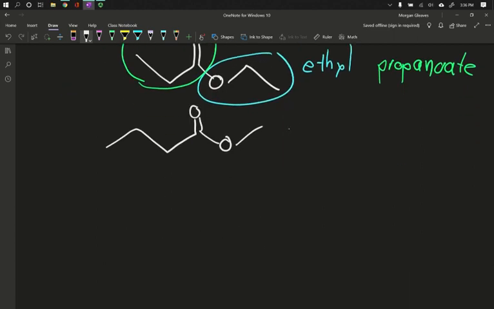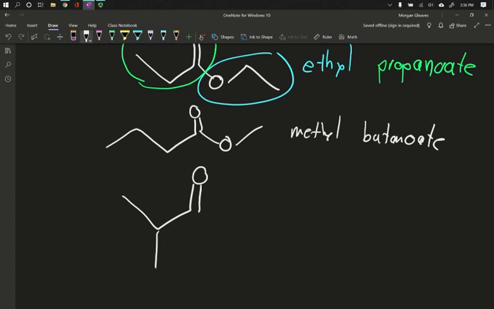And so you could have a methyl butanoate. You could shift carbons to other places. And so you could have this one, which is a methyl for the single bonded oxygen side.